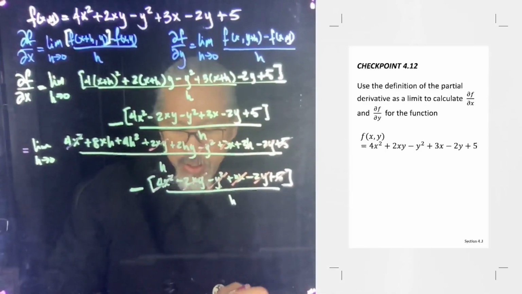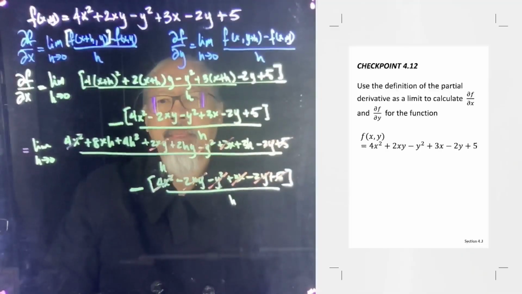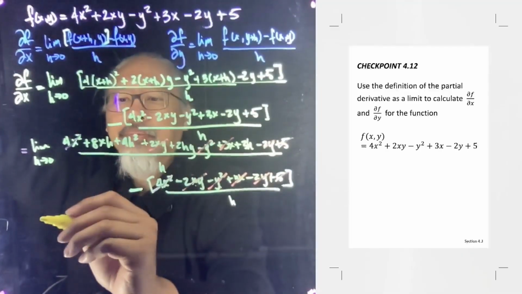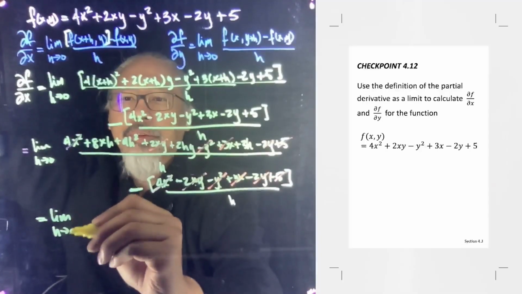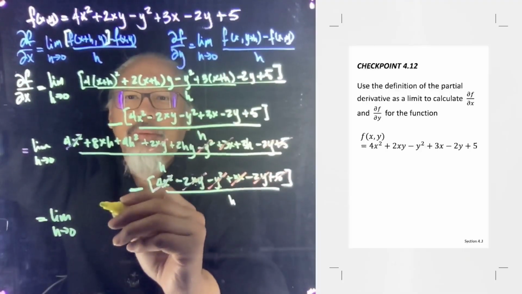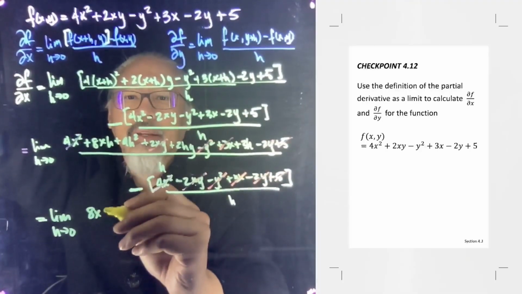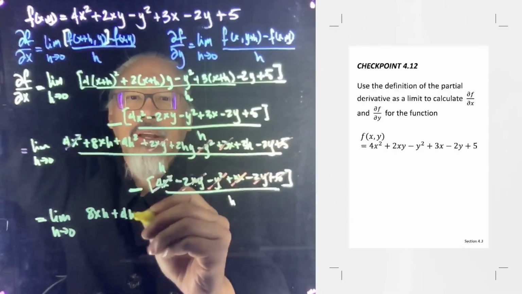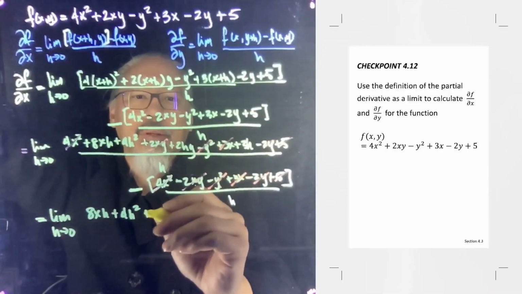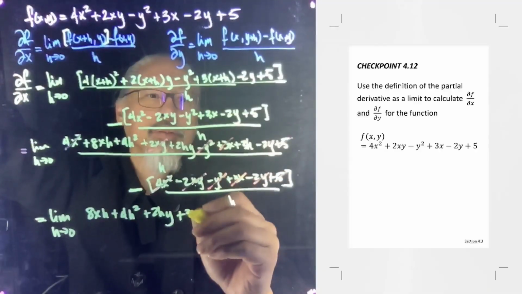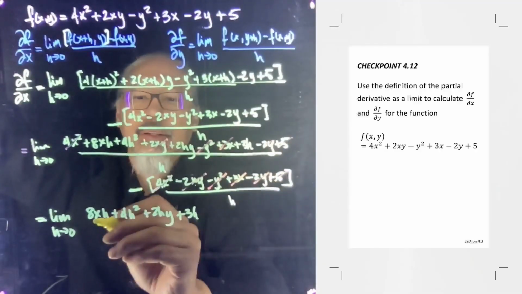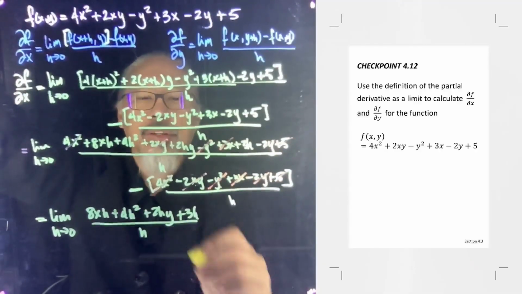All those disappear, and then we have the limit as h approaches 0 of what's left, which is 8xh plus 4h squared plus 2hy plus 3h, and that's it, divided by h.